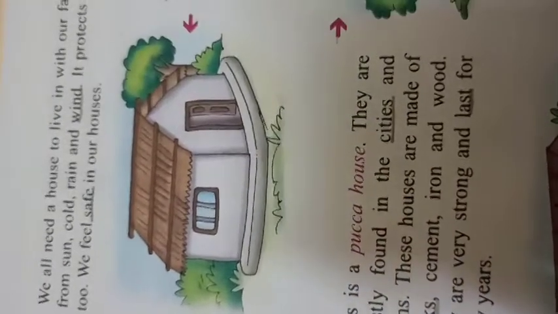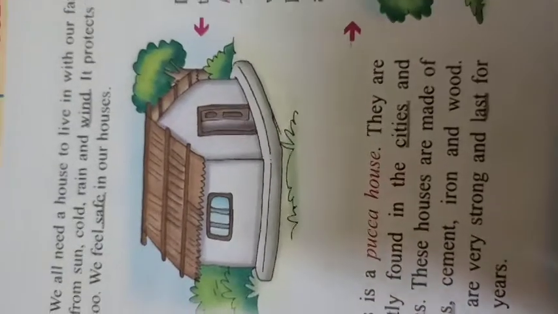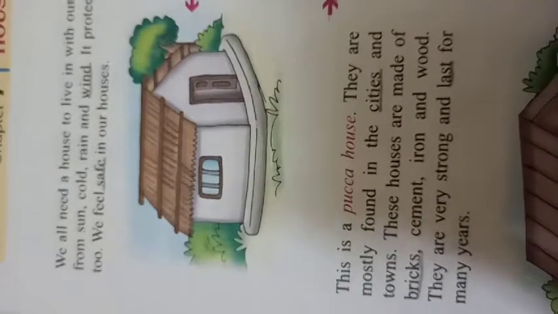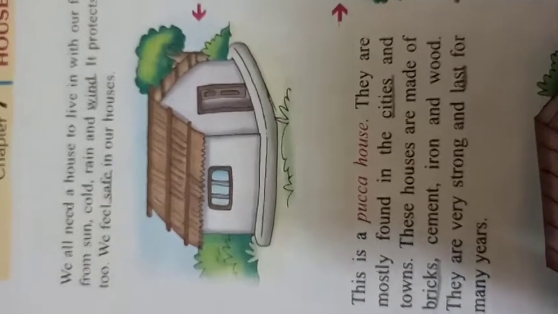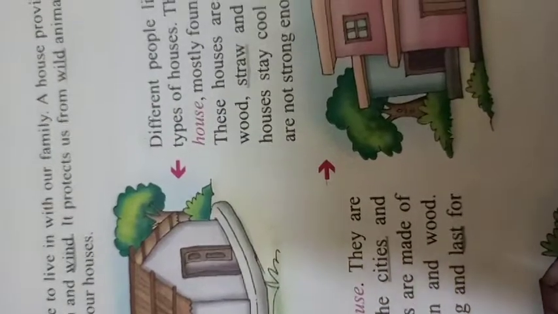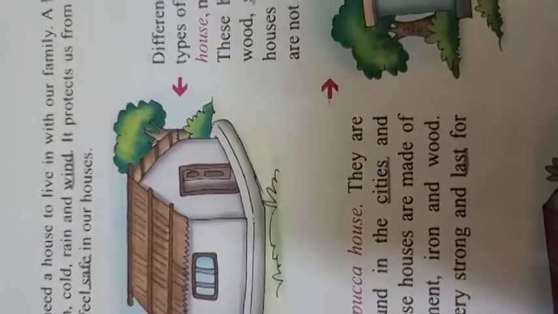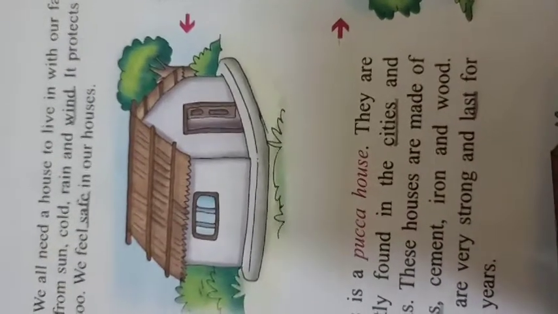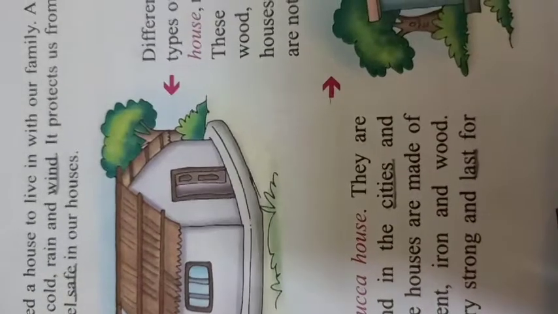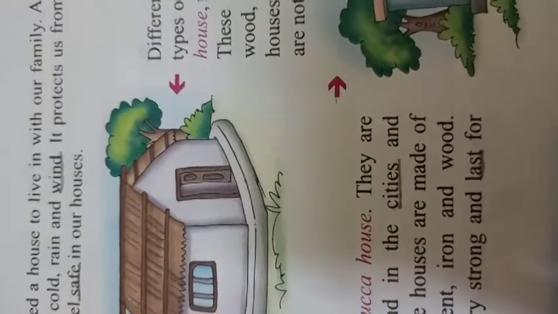These are the two kinds of houses which we generally see all around us, or if you visit any village, you can see a kacha house also. Children, I'll show you some real pictures also, so you can identify kacha and pakka houses easily.